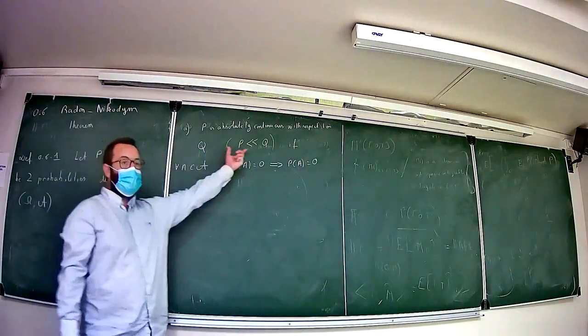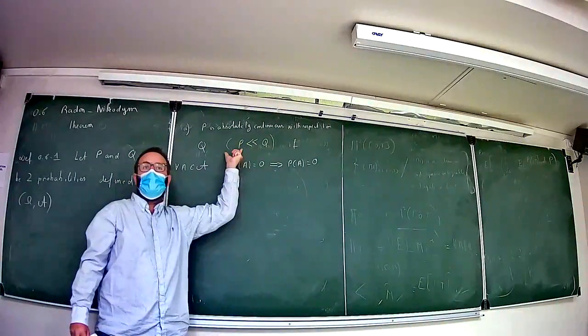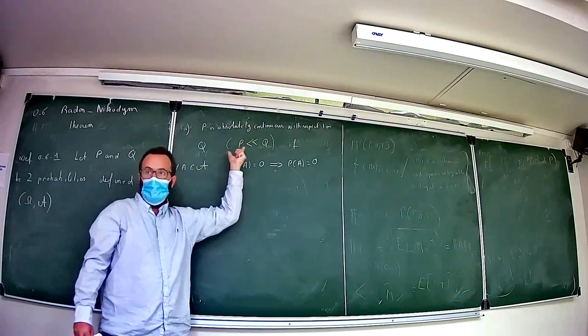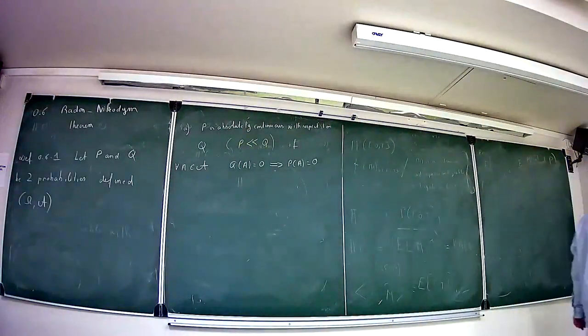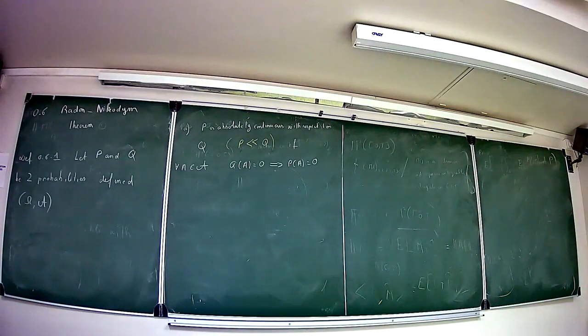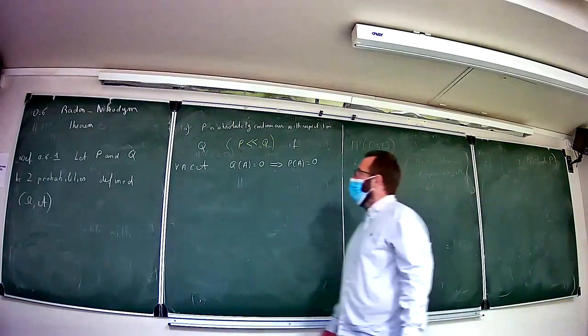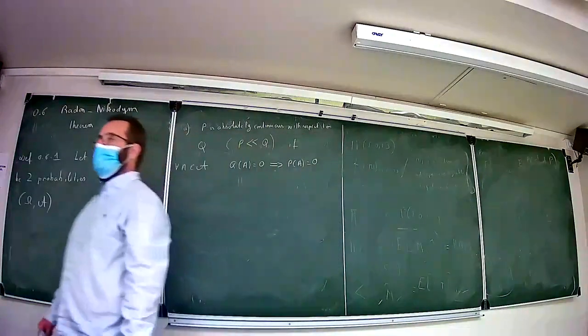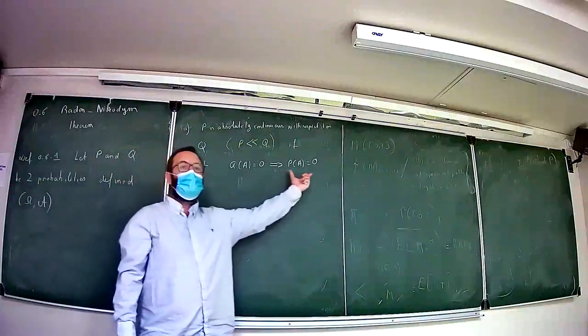And that's why you have less. If Q of someone is 0, then necessarily P of someone is 0. Okay? So this is the meaning of being absolutely continuous with respect to Q. Okay? So if someone is negligible for Q, it will be for P.